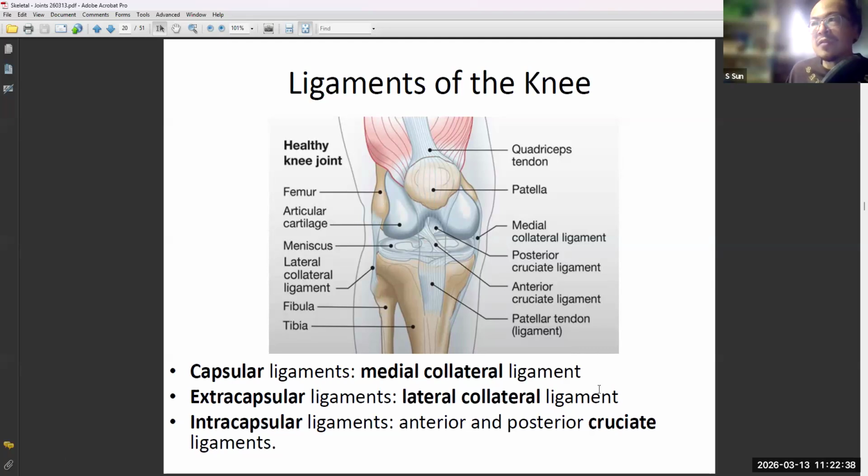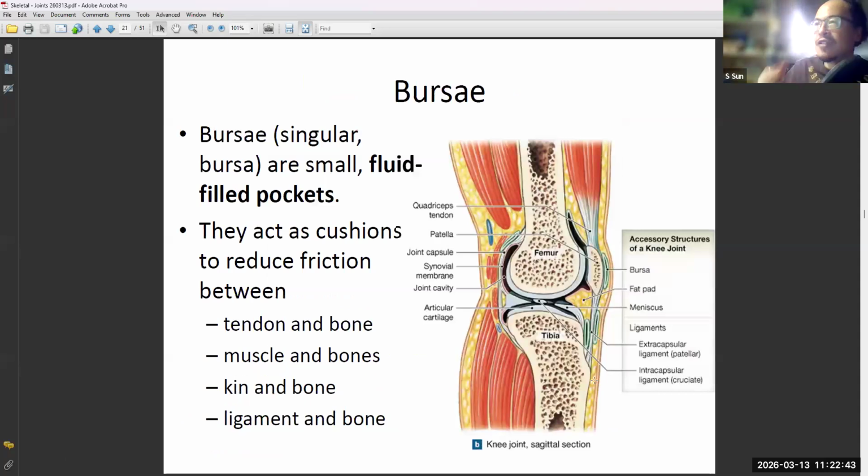It's important to support the joint. We also have something for the larger synovial joints, such as the knee, and several other joints and the muscles too. The bursa is a fluid-filled pocket, so it gives you space.